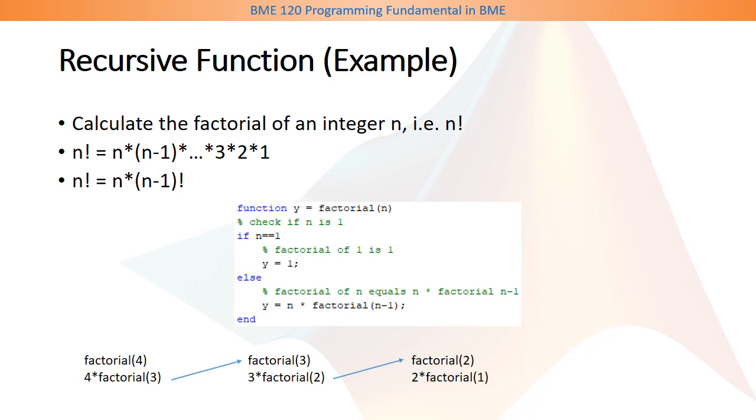Further, we calculate factorial 1, where at that point it satisfies the exit condition, so it will return 1 immediately, and it does not call the factorial function anymore. At that point, it will return to the caller function, and then factorial 4 will return the value, which is 24.